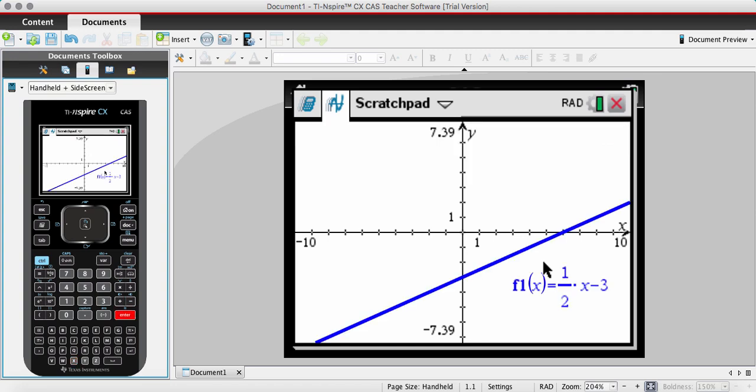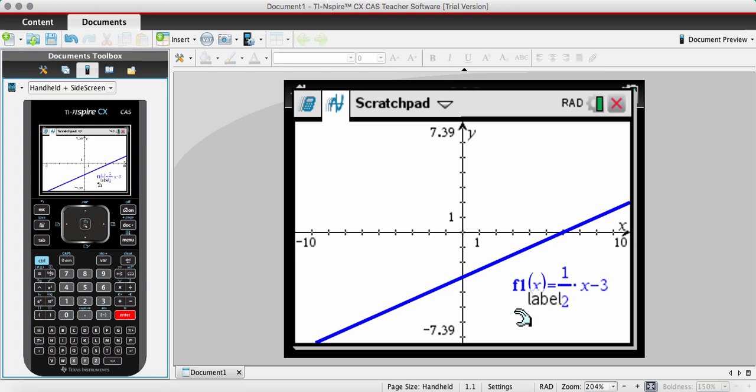Okay, now if your graph doesn't look like this, I want you to go back and rewatch those couple of steps, just so you can see what's happening in the graph. So your starting place is at -3, and you're going to go up 1 and over 2, up 1 over 2. So you're going to have your rise over run in that case.